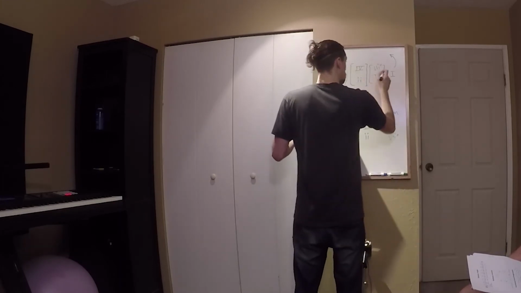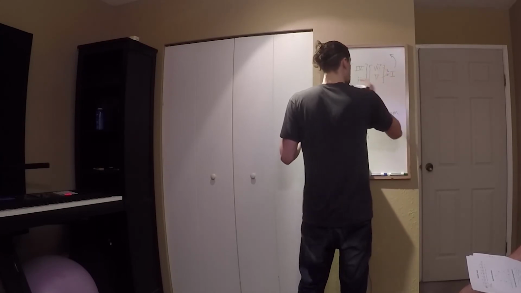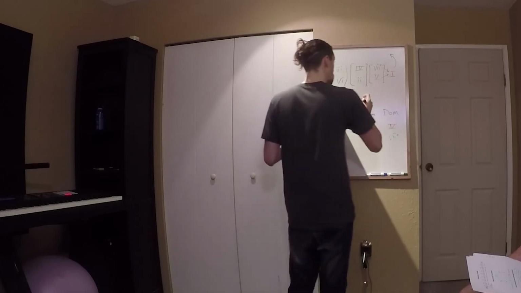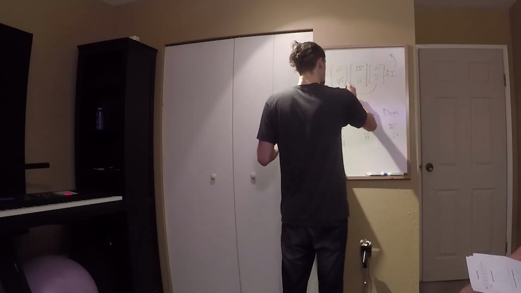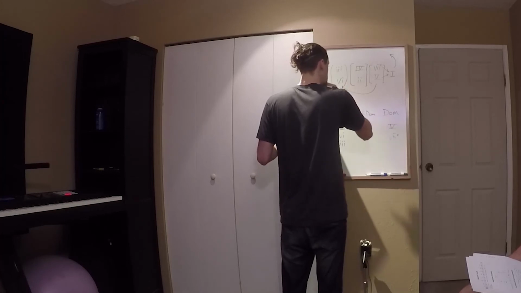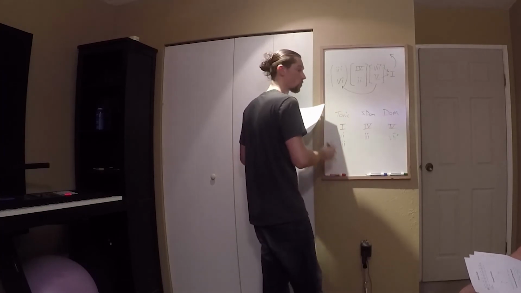From our dominant chords, we pretty much always want to resolve home. But it is also possible to resolve to the 6, right? Because the 6 fulfills a similar tonic function.